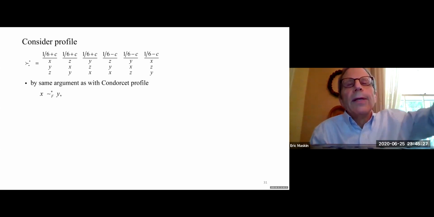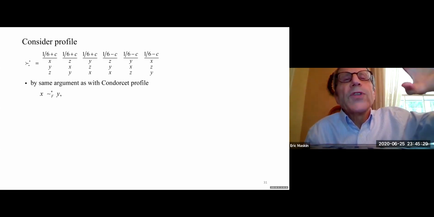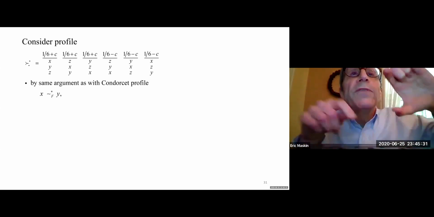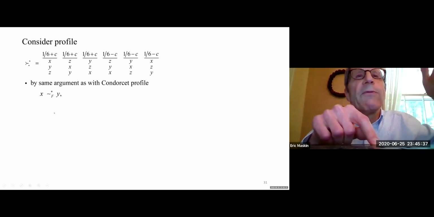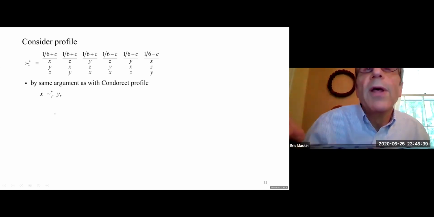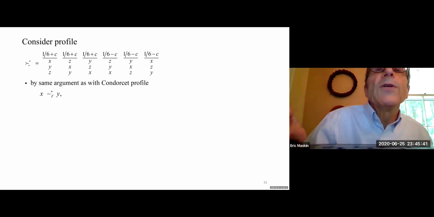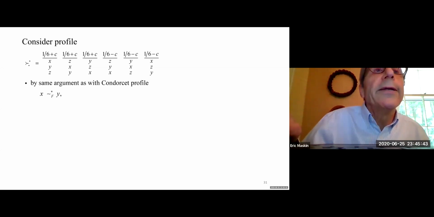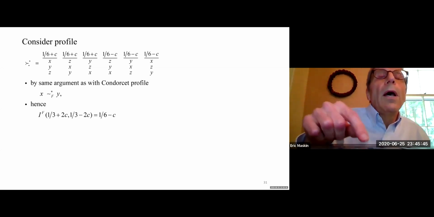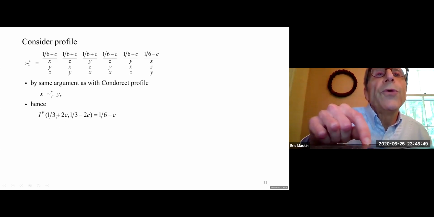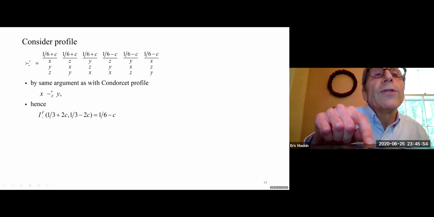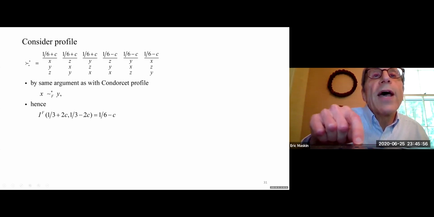It's the same set of steps leading to intransitivity. If we had strict preference, we would get intransitivity for this profile for exactly the same reason as the previous argument provided. But that allows us to conclude that the social indifference curve must have this form.